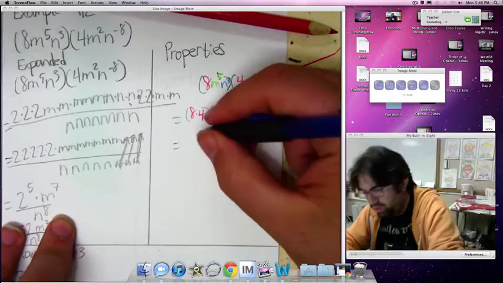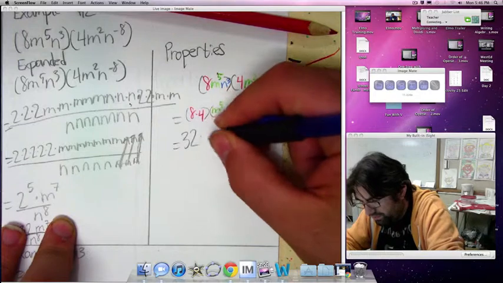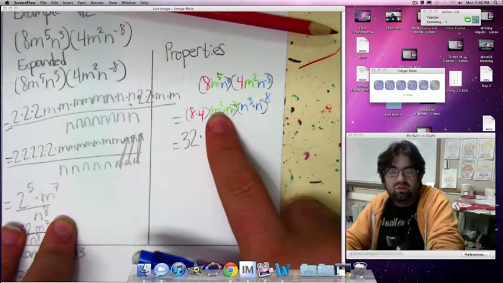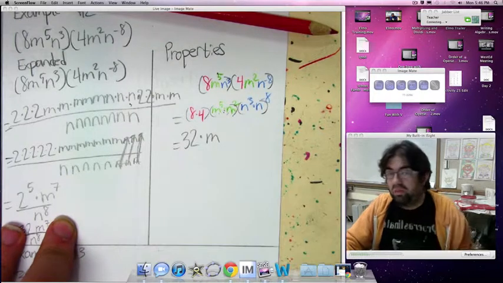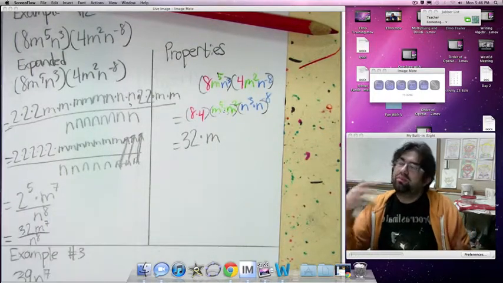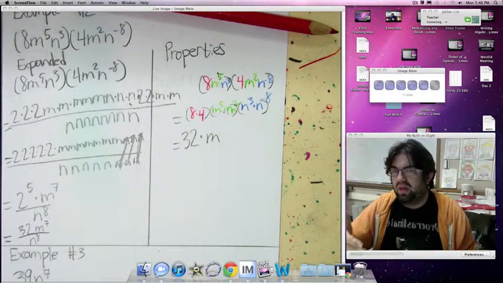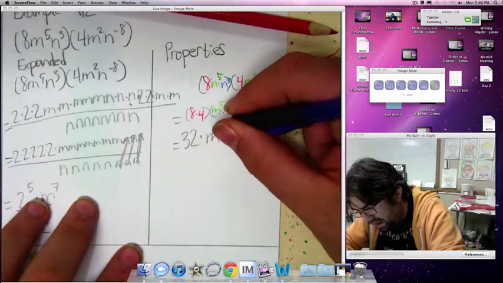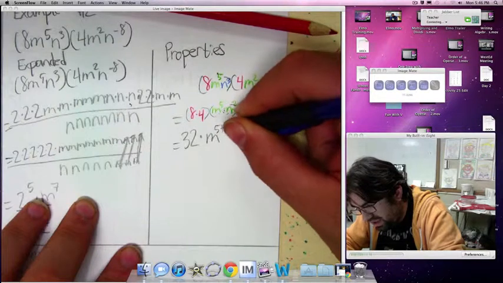8 times 4, 32, times m, well, 5 right there and 2 right there. What property am I going to use? The bases are the same and they're multiplying. I am going to add 5 and 2 together.